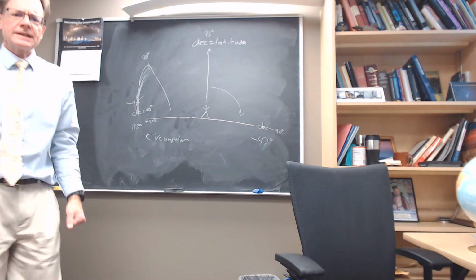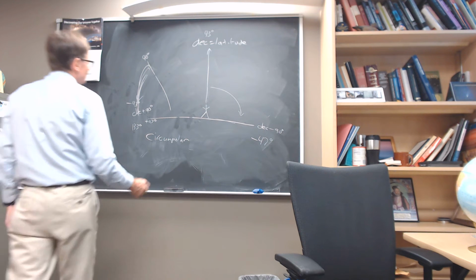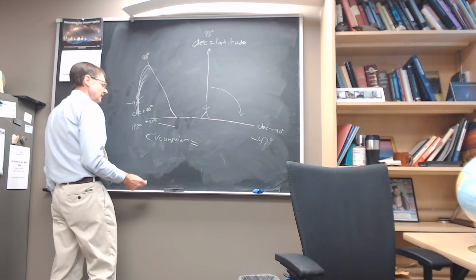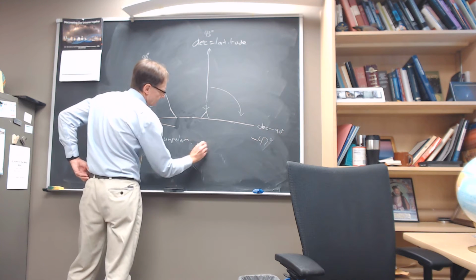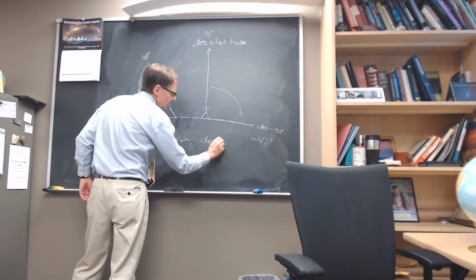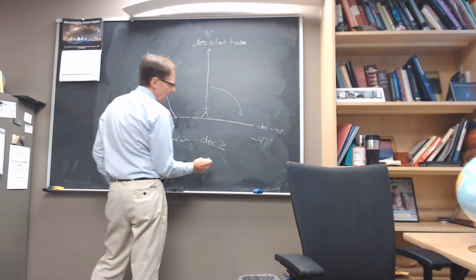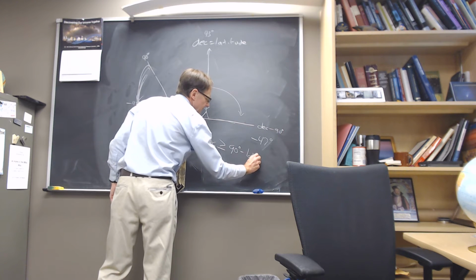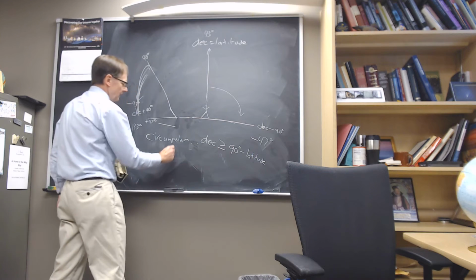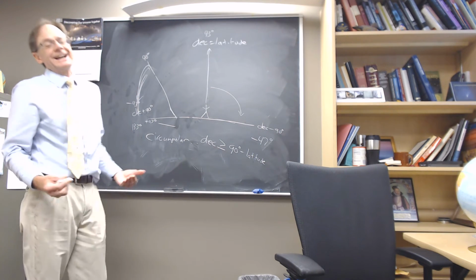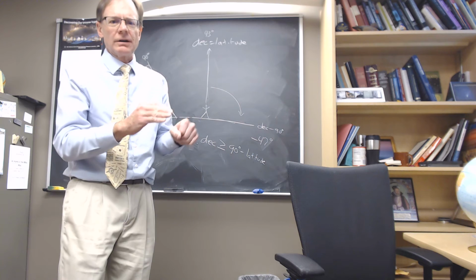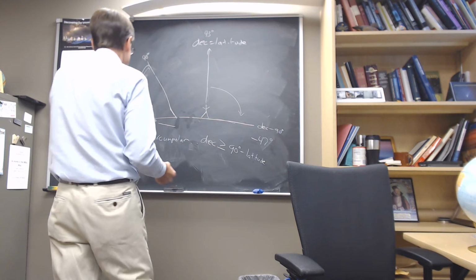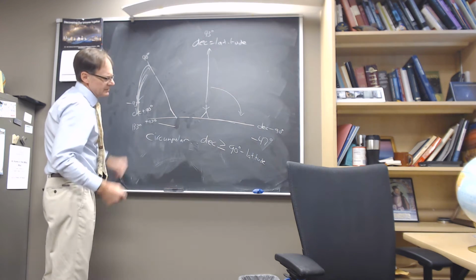So we can say that if declination is greater than or equal to 90 degrees minus your latitude, then the object is circumpolar. That's plus 47 for us. Again, it's very hard to see all the way to the horizon with hills and trees and buildings and lights and air pollution and all of that stuff. And so that's the absolute limit of what we can do.